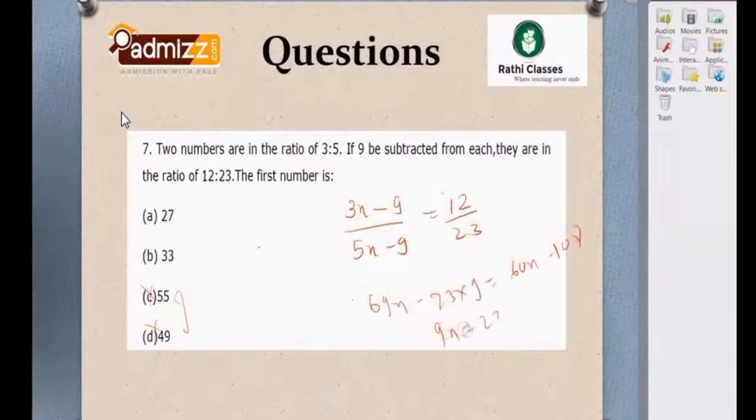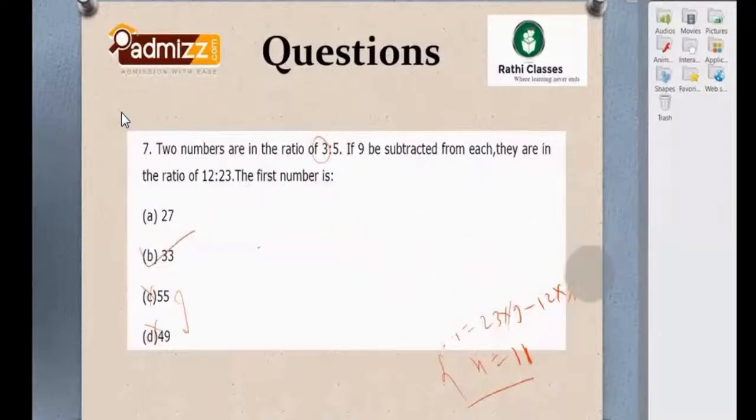So it is 23 into 9 and 12 into 9, the 9 cancels, so x should be 11. If x is 11, the smallest number would be 33. So this is the approach you need to solve this problem.